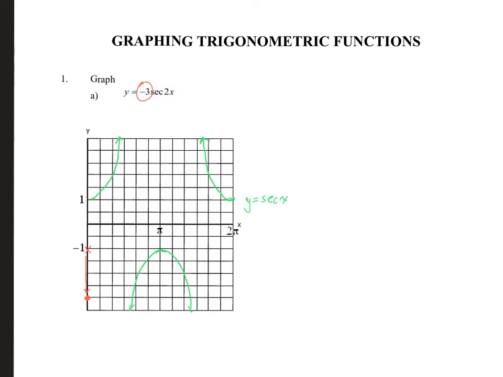So I should be good to just get rid of all of that red. I'll clean up that green really quickly. And there is that first point transformed. We then know that that branch is going to get steep because it had a vertical stretch by a factor of 3. And so we're going to see something like that. I can do that same thing with all my branches. On that middle branch, I'm going to reflect it, vertically stretch it by a factor of 3, and that's where this maximum becomes a minimum.